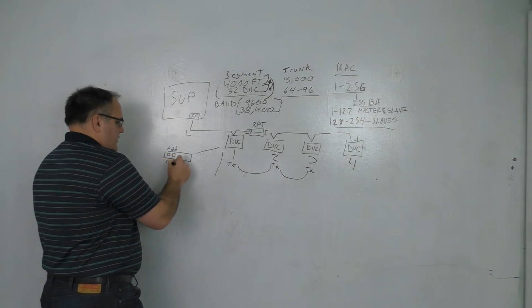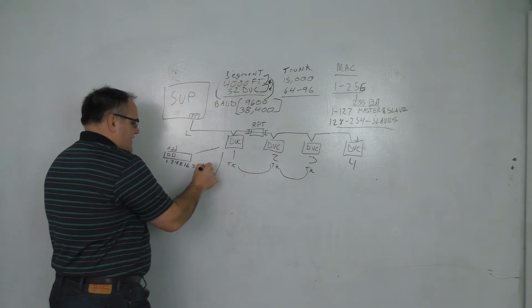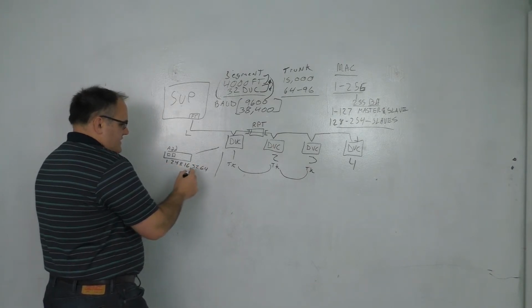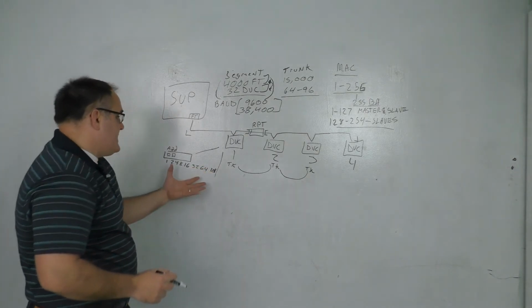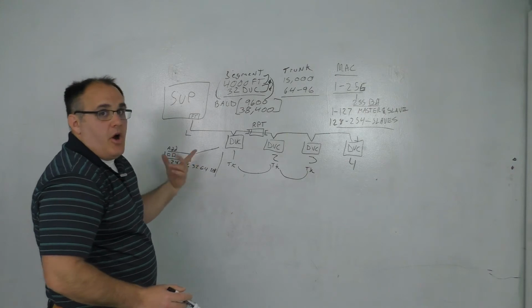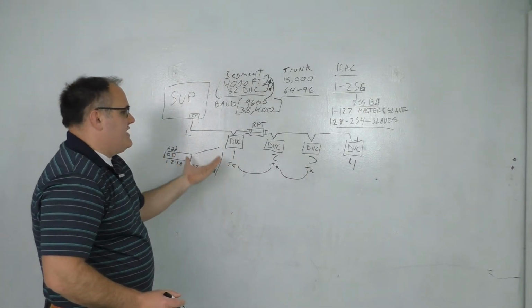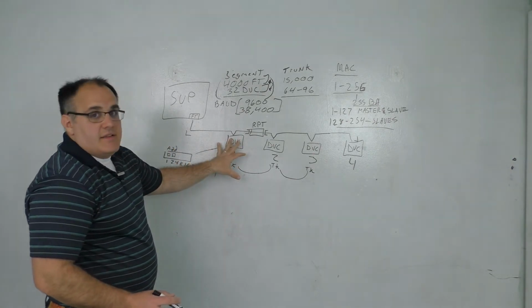So 1, 2, 4, 8, 16, 32, 64. What was that? 1, 2, 3, 4, 5, 6, 7, and then 128. There you go. And that is how you would address this. You'd flip the dip switches on, then add up the values, and that would be your MAC address. That is how you set these devices.